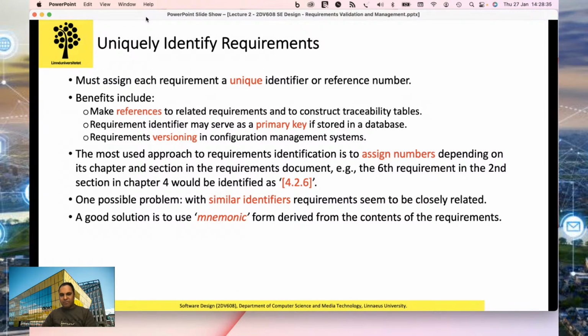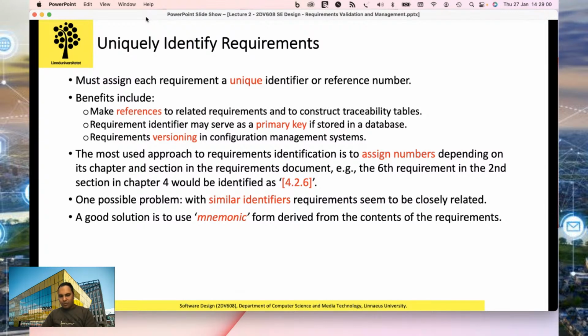So if you have multiple requirements related to security, you can name them SEC 1, SEC 2, SEC 3, and so on. And this form is known as mnemonic form, which is more meaningful and gives a clearer picture of what the requirement is about.